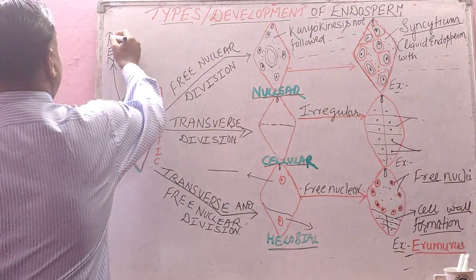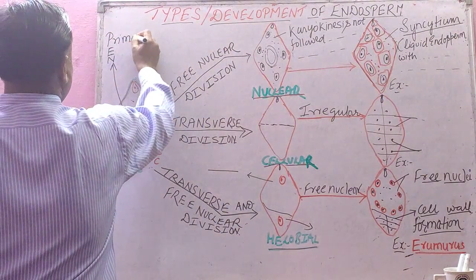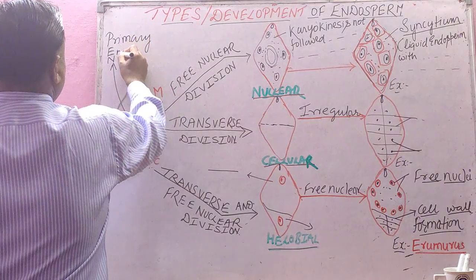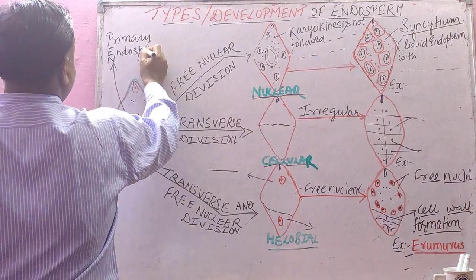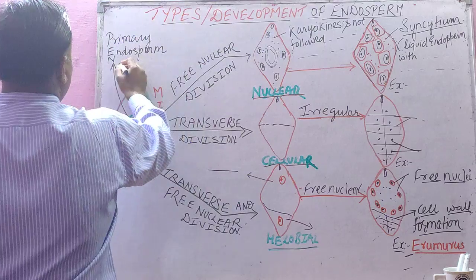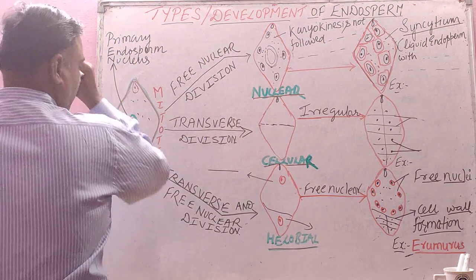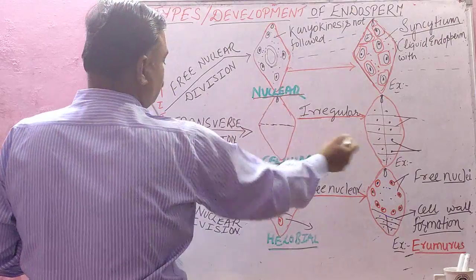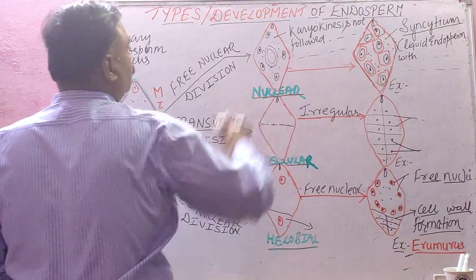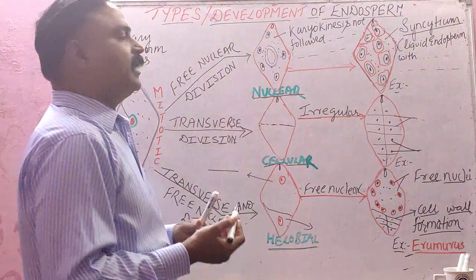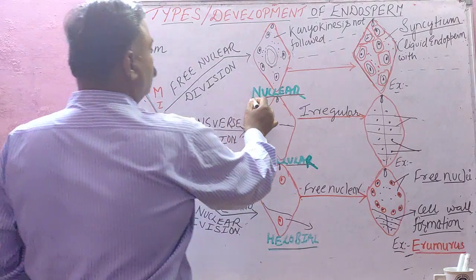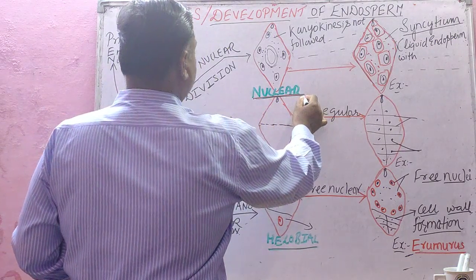This is the primary endosperm nucleus, and in different examples, different phenomenon occurs. The first one is nuclear type of endosperm.